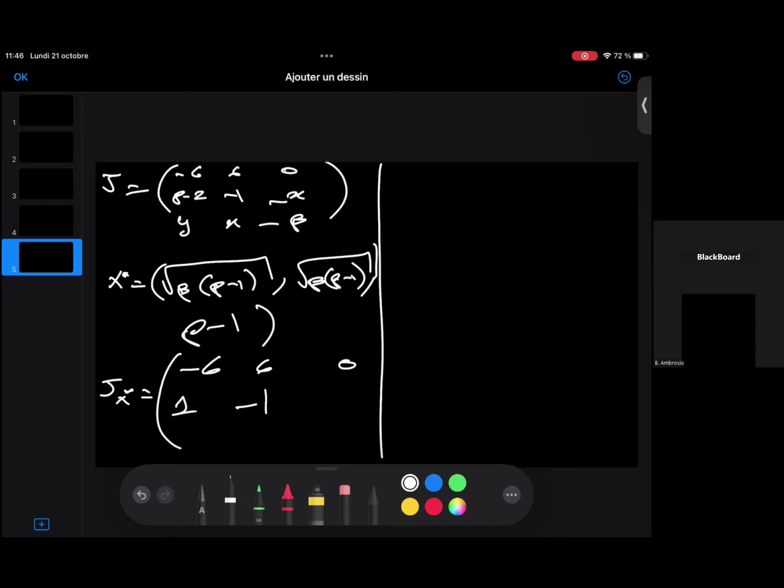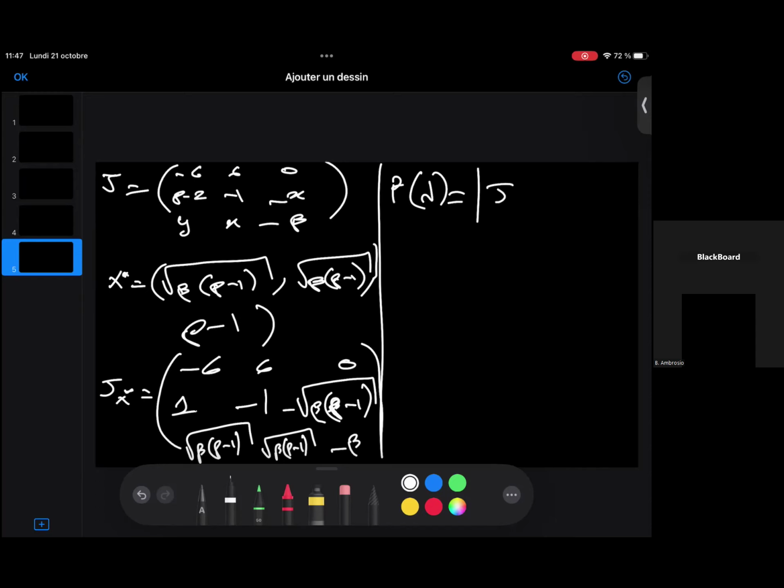Minus 1, minus x is the square root of beta (rho minus 1), and the square root of beta (rho minus 1), the same here. And here it's minus beta. So we want to write p(lambda) as the determinant of J at x star minus lambda I.